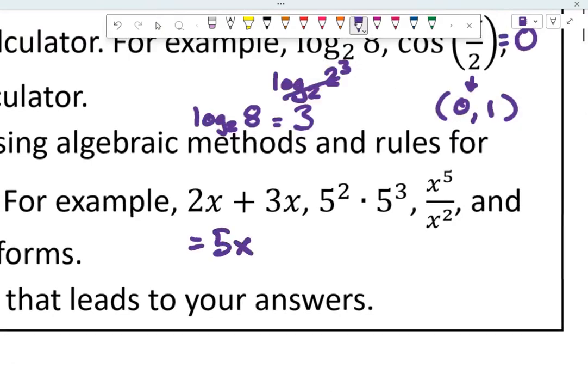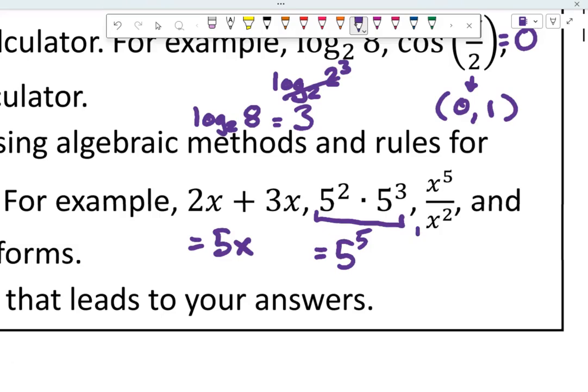You would be expected to combine it. And then like this one, 5 squared times 5 cubed. What would that be? 5 to the power of what? Not 6. 5. We add our powers. So an exponential property we want to remember, for multiplying the bases, our powers get added.